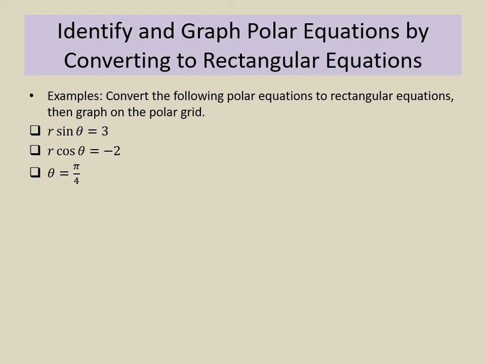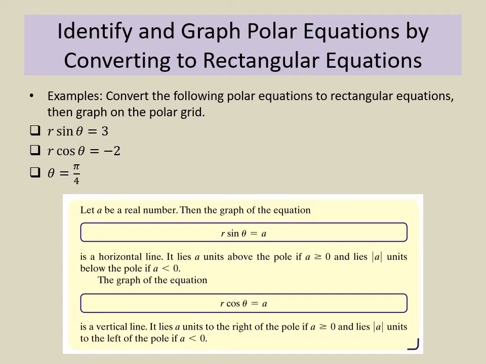Okay, let's summarize what we have here. So the equation r sine of theta equals a. Once again, r sine theta, when we converted it, it was y equals a, so that's a horizontal line. So r sine of theta equals a is a horizontal line. It lies a units above the pole, and it lies a units below the pole if it's negative.